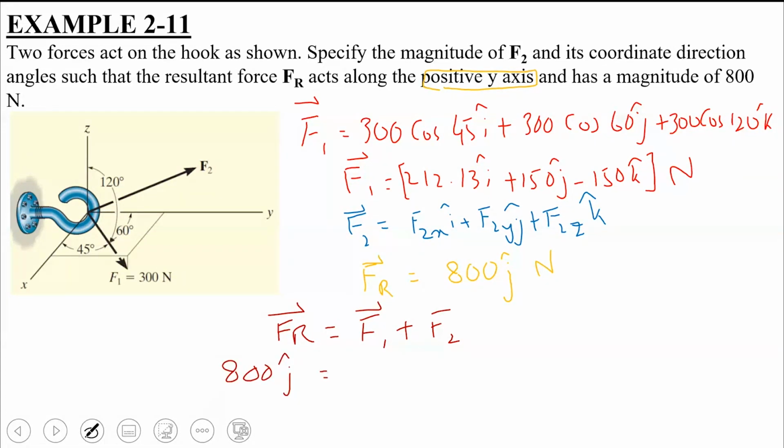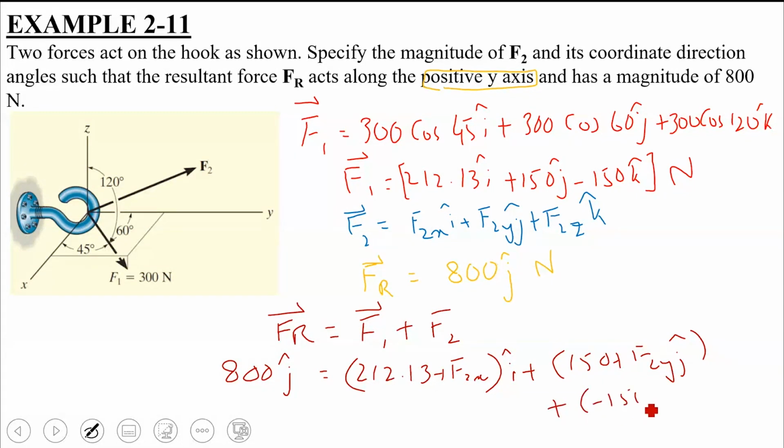F1 plus F2 would be equal to 212.13 plus F2x i plus 150 plus F2y j plus minus 150 plus F2z k. ऐसे ही होगा? Yes sir.